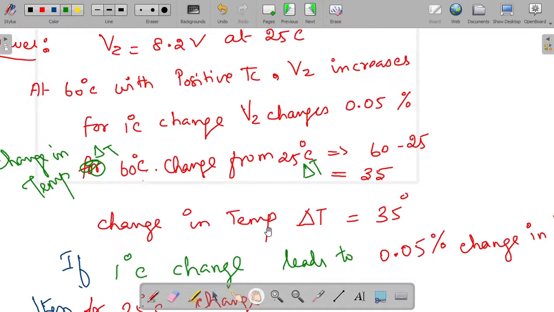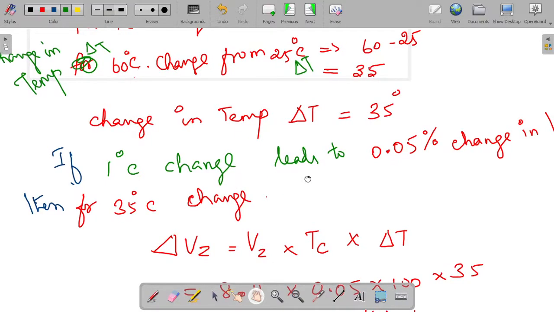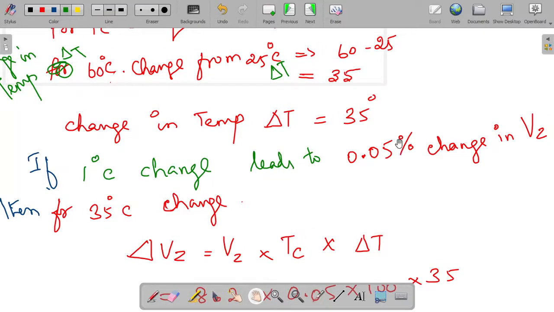If 1 degree Celsius change is leading to 0.05 percent change in Vz, then for 35 degrees, how much change will be there?